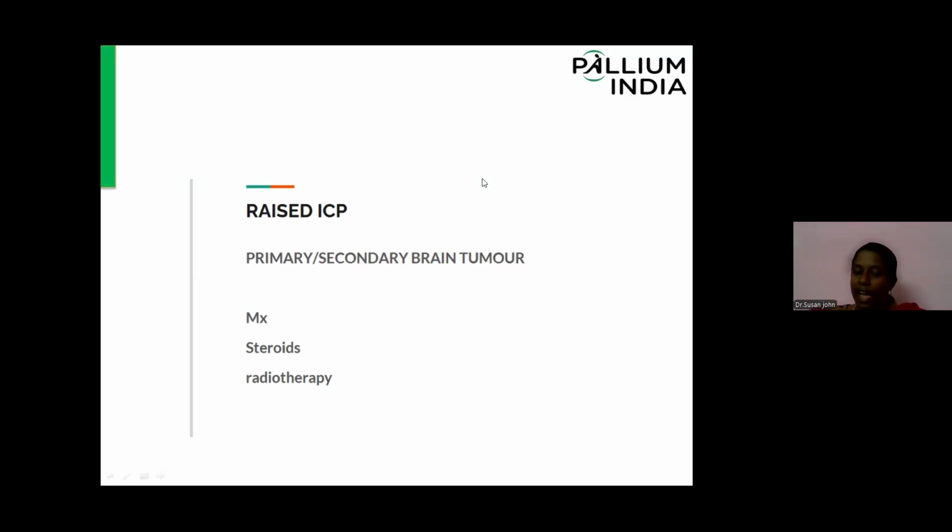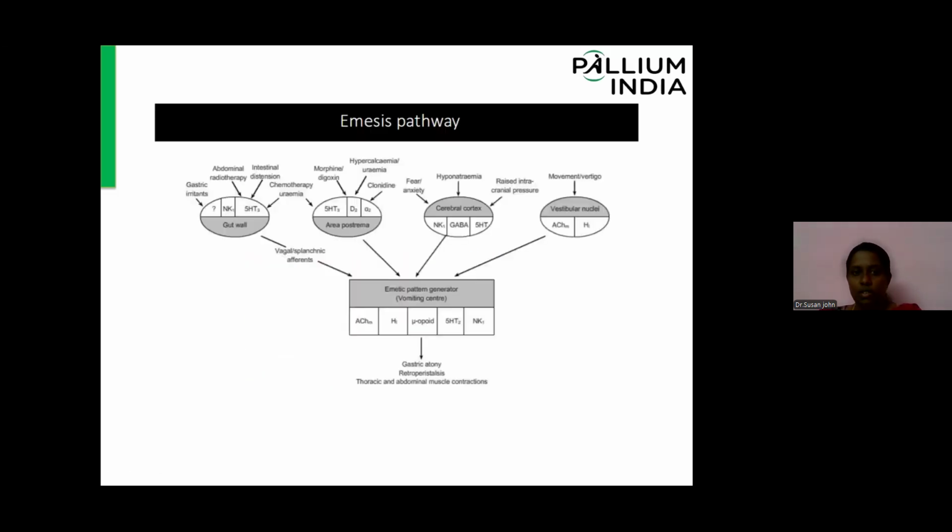The main action of the steroid is that it will reduce the peritumoral edema. It does not do anything for the tumor or other lesions, infections or bleed. It will reduce the tumoral or brain edema, and that will decrease the pressure, and then the patient may get symptom relief. That is the main thing for raised intracranial tension.